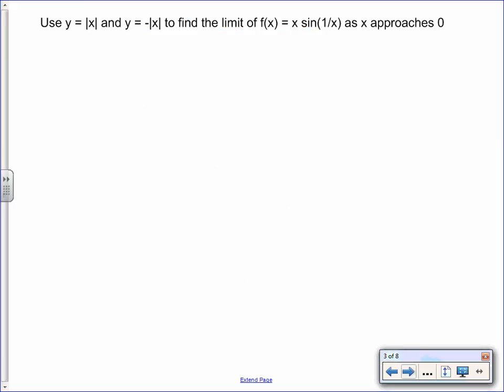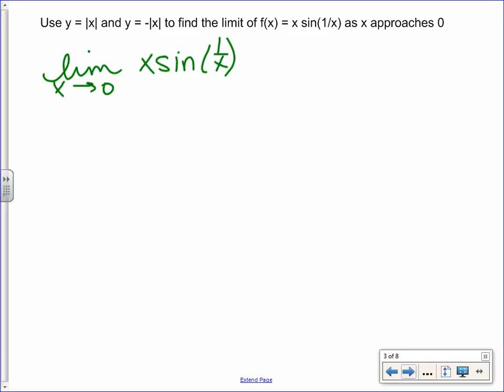So, we want to find the limit as x approaches 0 of x sine of 1 over x. Now, what's the problem with trying to evaluate this limit? Okay, it makes the denominator 0, and there's really nothing algebraically we can do for 1 over x.